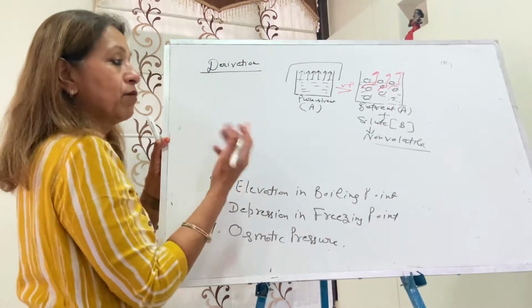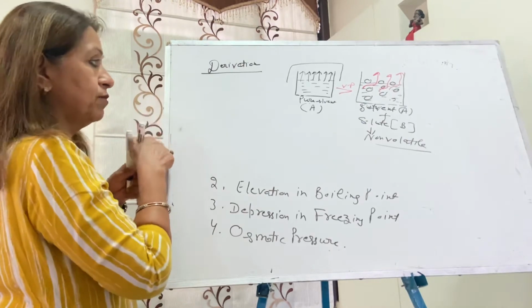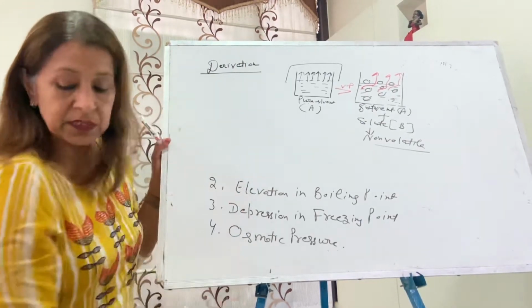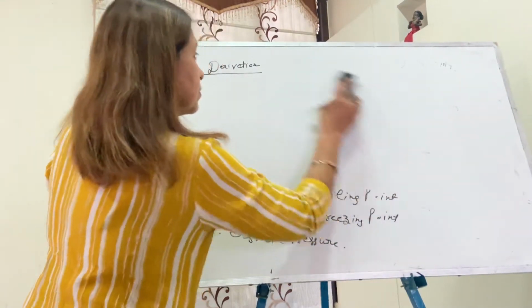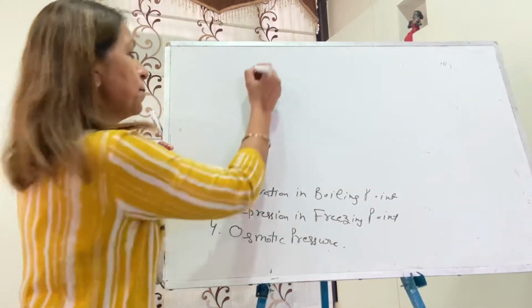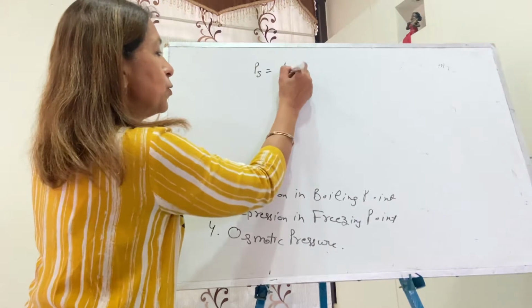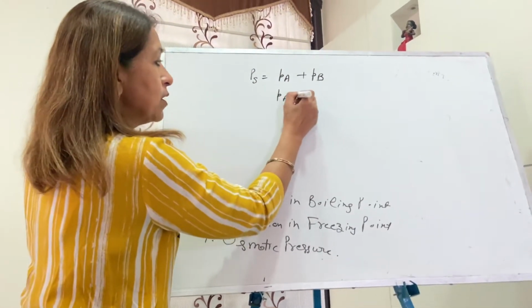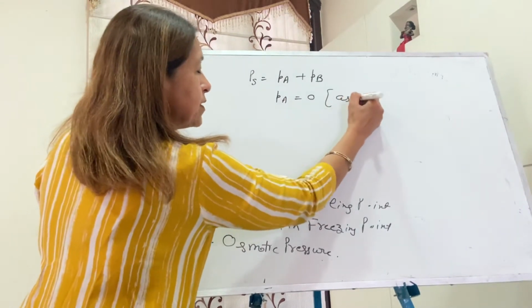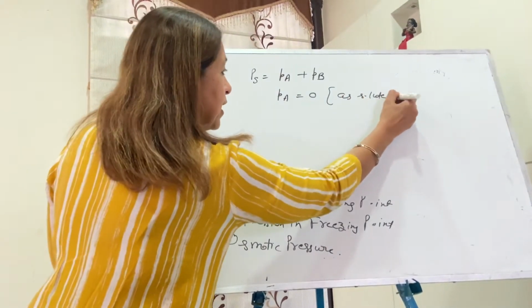We have already done it. Again I am repeating. Write down the derivation. You know PS is equal to PA plus PB. PA is equal to 0 as solute is non-volatile.